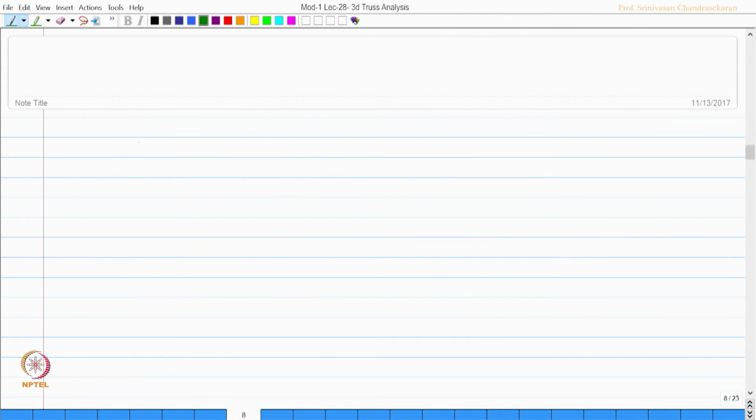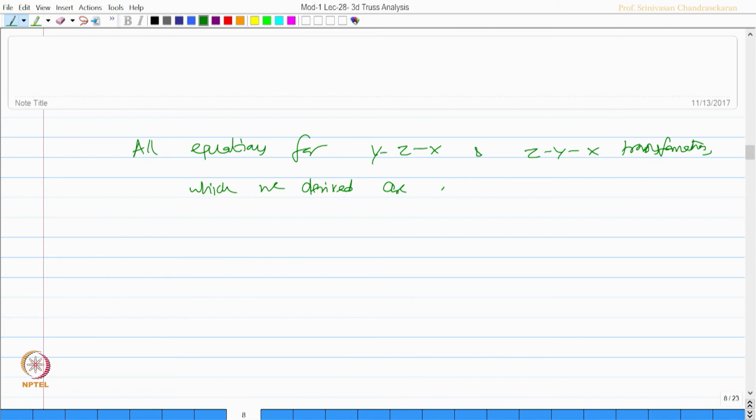So, therefore, all equations for YZX transformation and ZYX transformations which we derived are applicable as it is, without any change. No change is required, straight away we can apply.